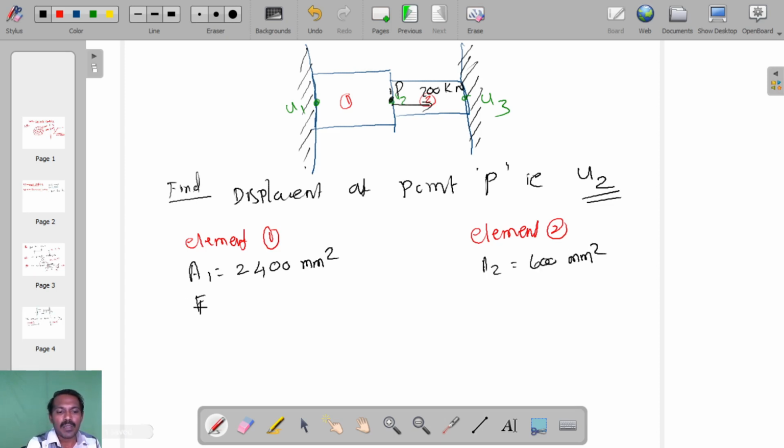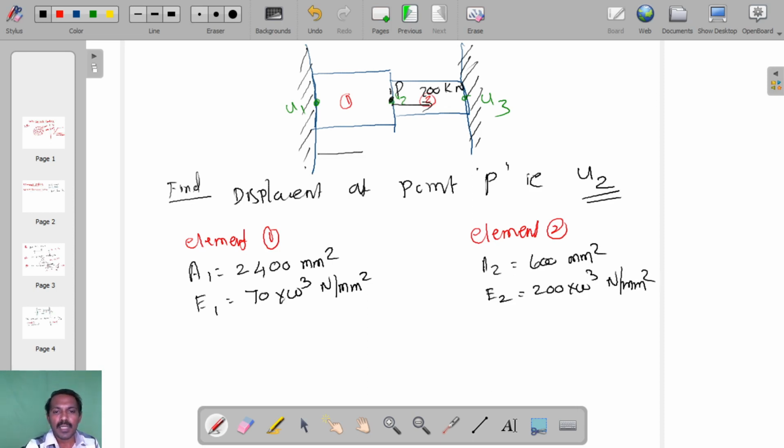The Young's modulus of element 1, E1, is 70 into 10 power 3 Newton per mm square, and E2 is 200 into 10 power 3 Newton per mm square.